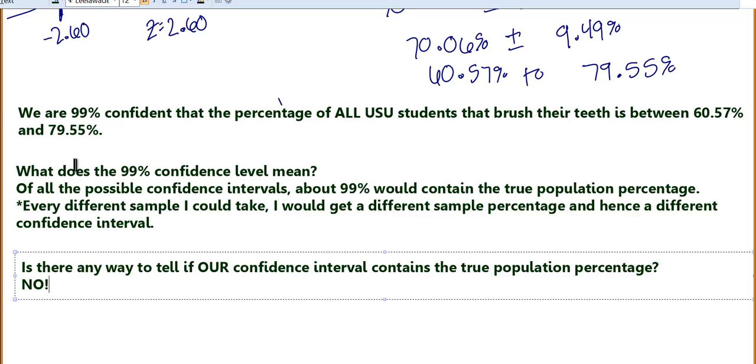But there's no way to tell if the one that we just found does. Which I know sometimes students find very frustrating, because they're like, well, I found it, so how do I know if it's correct or not? And the problem is, you don't know. We're just dealing with chances.